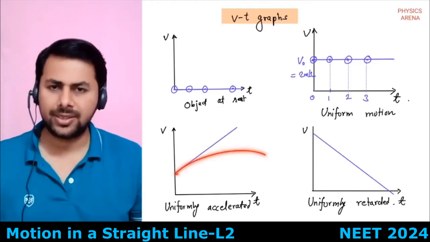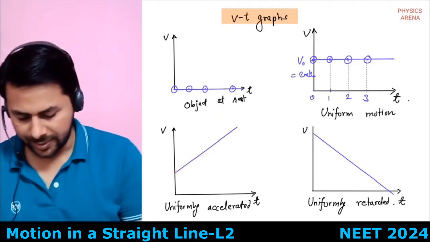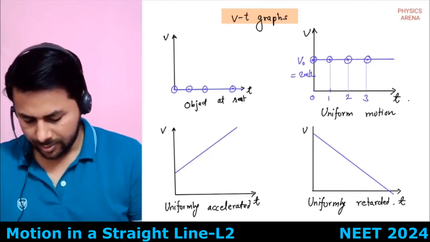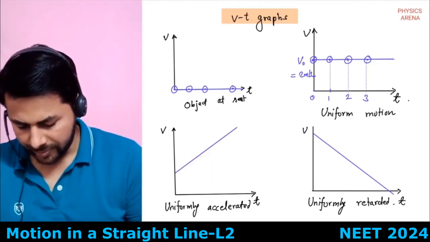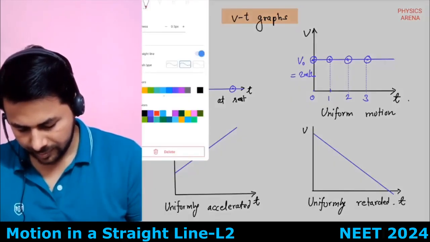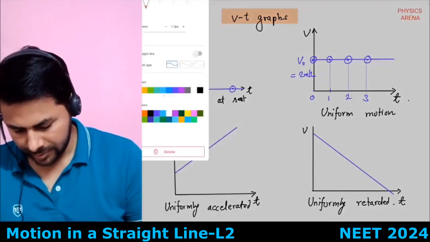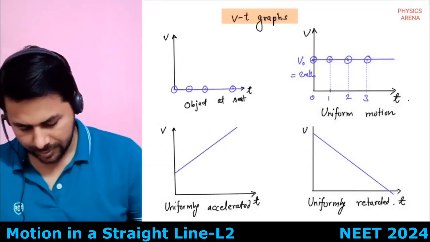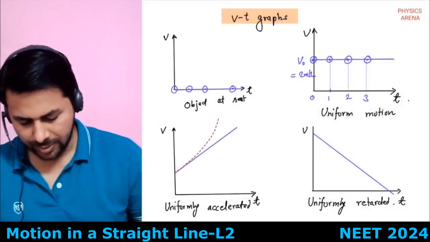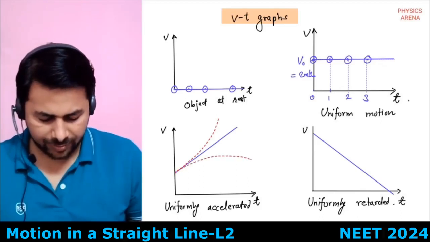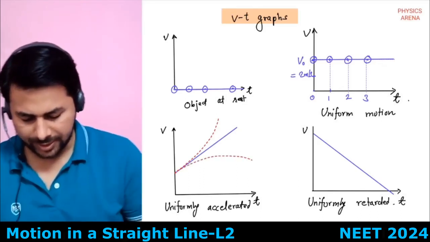If acceleration is decreasing, the graph will go like this. I will show it using a dotted line. So this is increasing acceleration. This is for decreasing acceleration.